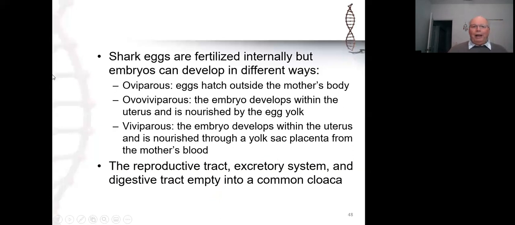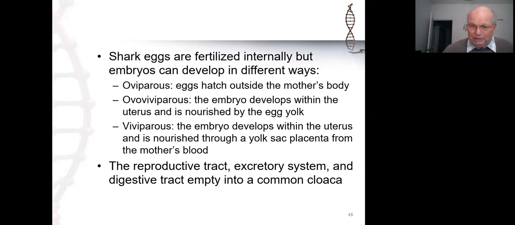Sharks all practice internal fertilization. It can be quite a violent process. If you want to see just how violent, there are plenty of YouTube videos that demonstrate just how violent shark mating truly is. But they give birth in 3 different ways. The female can lay eggs in a, I hesitate to call it a shell, but in a sac-like arrangement that provides it with protection.